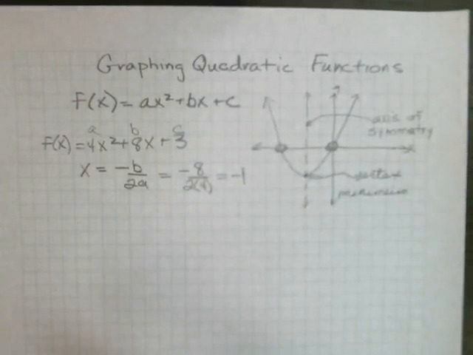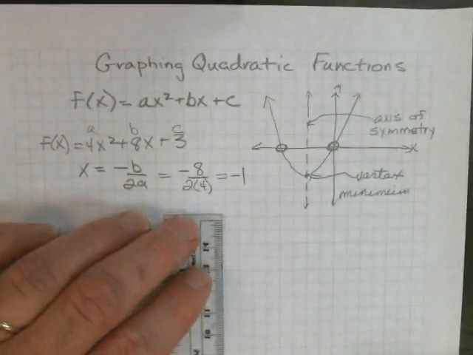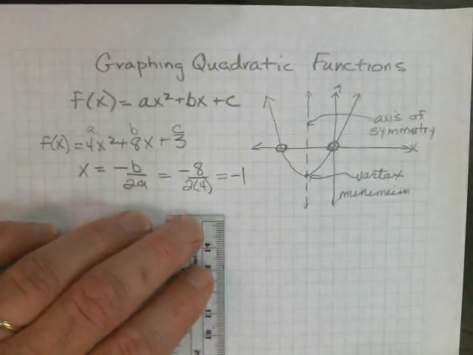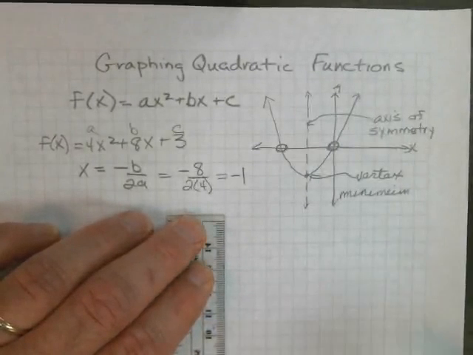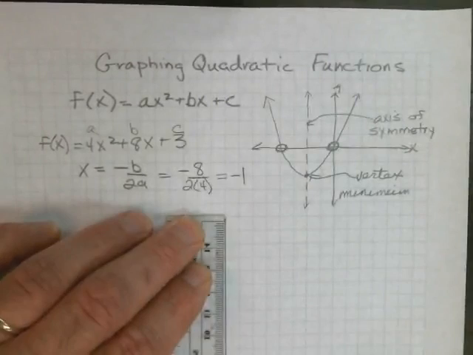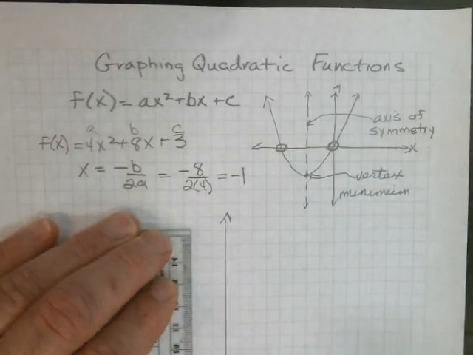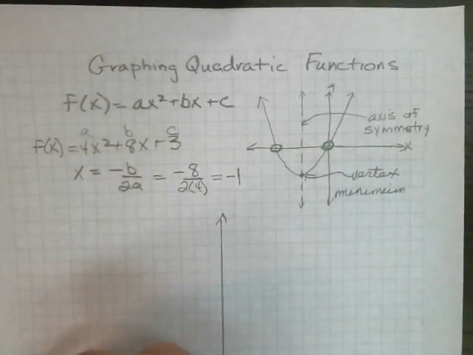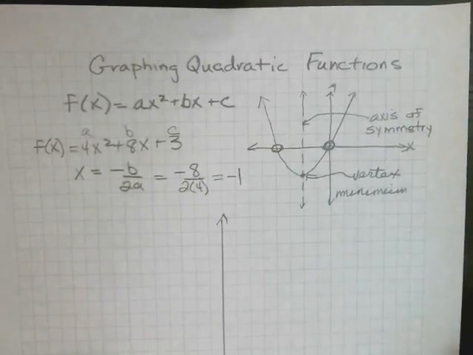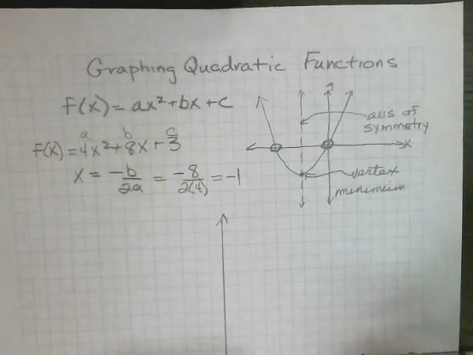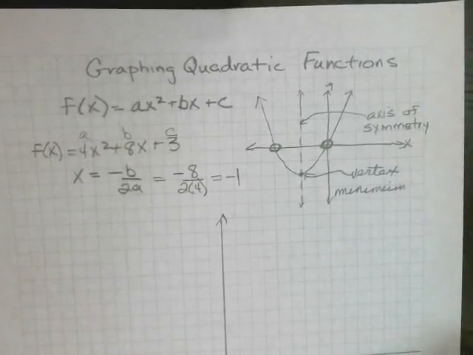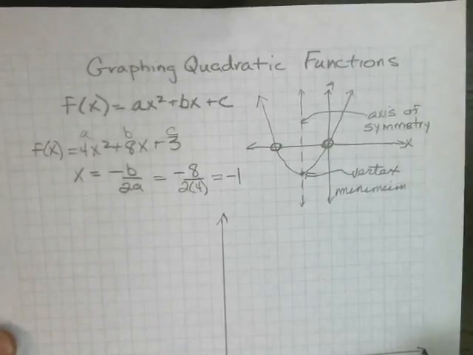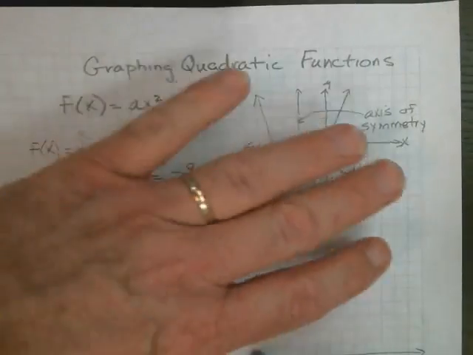Okay, so that's going to be my axis of symmetry. So what I'm going to do to start graphing this is I'm going to draw my axes here. So this is my vertical axis or my y-axis. And this is my x-axis. So I'm going to go ahead and draw that. And actually, I should have drawn that down a little bit.